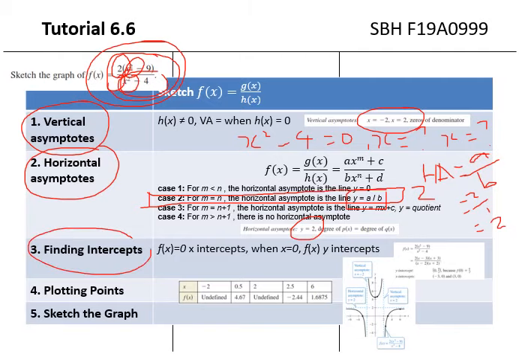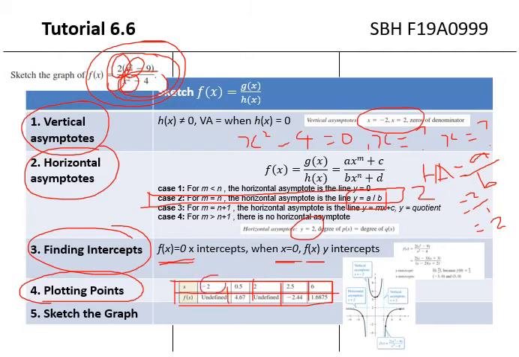Next, you want to find the intercepts. When the whole function equals 0, what is the x? When x equals 0, what is the function value? Next, you're plotting the points. You can create a table and put some important numbers for x, and then the corresponding y.